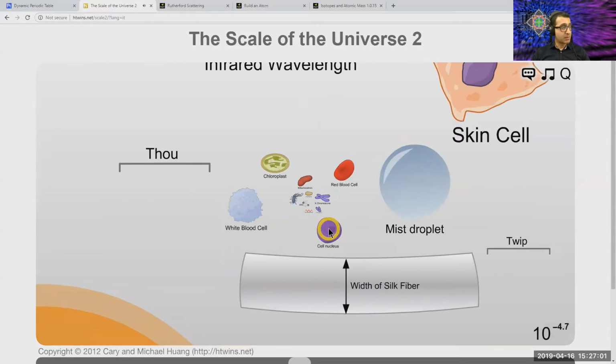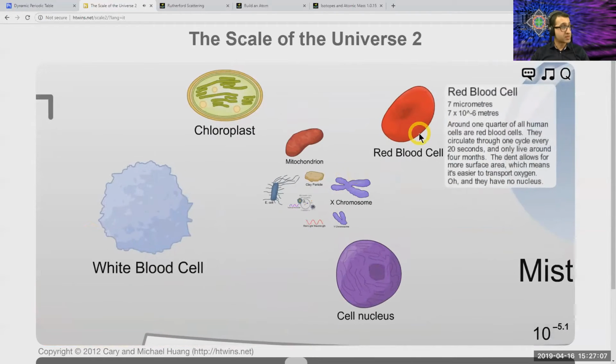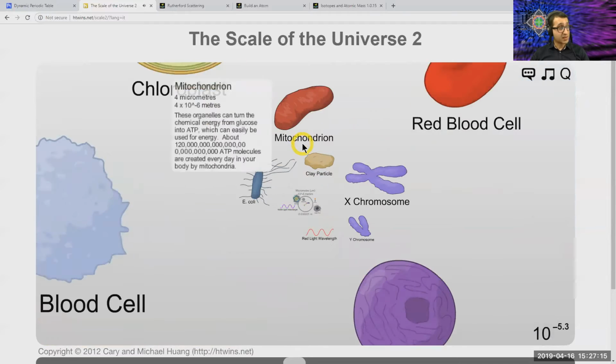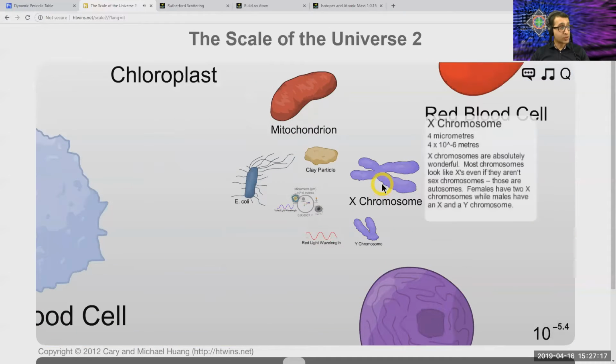But if we scroll in a bit more, we get down to rather smaller cells, like the red blood cell, which is one of the smallest cells in the human body, and definitely not visible to the naked eye. We also get to parts of cells like mitochondria and chromosomes, which are even smaller still. We're still on the scale of micrometers here.